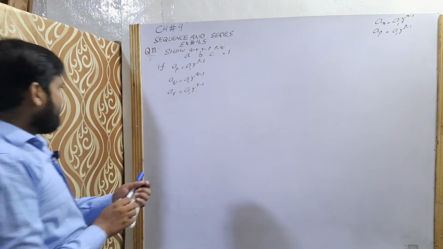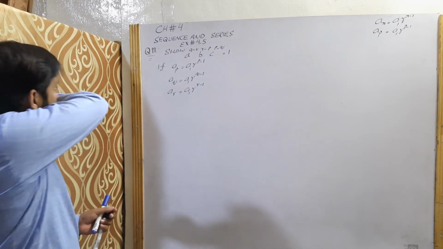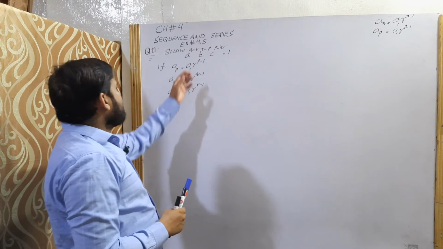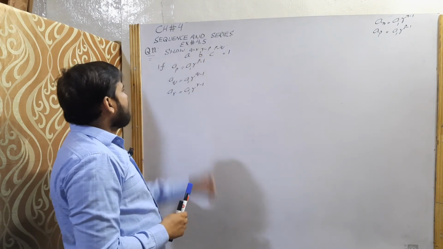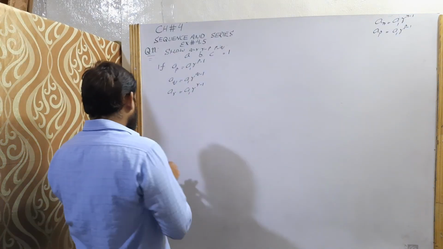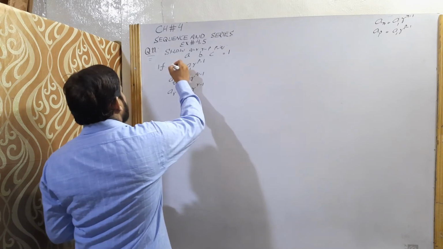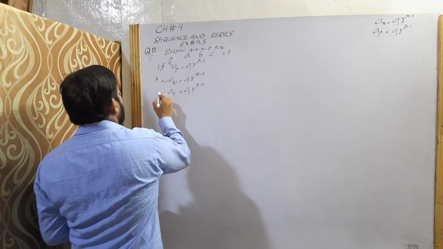So in this case we simply prove that the product of a, b, c with these powers is equal to 1. The pth term is given, which is a, the qth term is given, which is b, and the rth term, which is c. In the question it is mentioned that the pth term is a, the qth term is b, and the rth term is c.